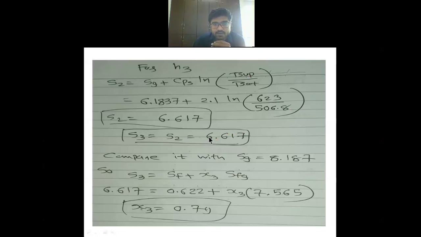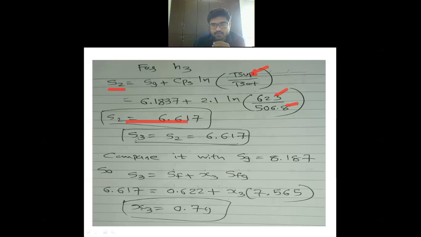In this data you can see, first of all we found out s2. Put all the data. Here it is necessary that you take temperature in Kelvin. It was basically 350, so we converted that 350 into Kelvin: 350 plus 273. Put all the values here, so we got this s2.